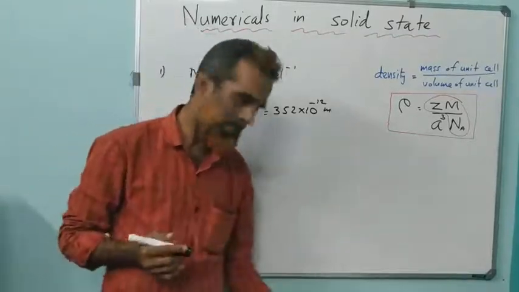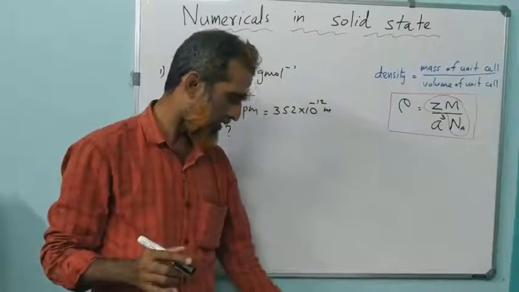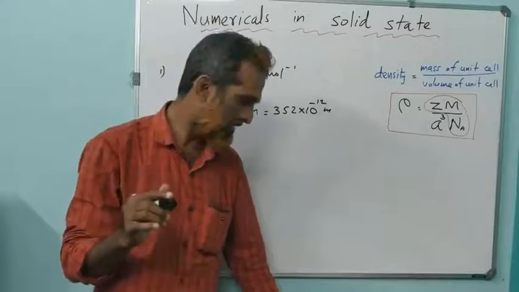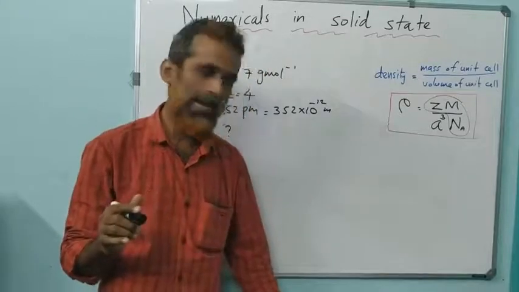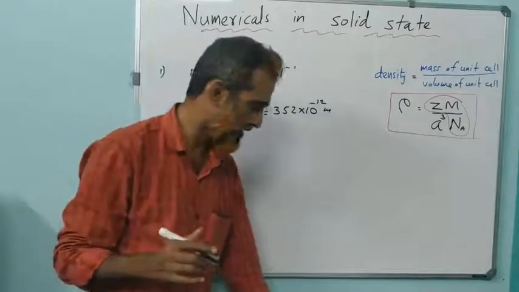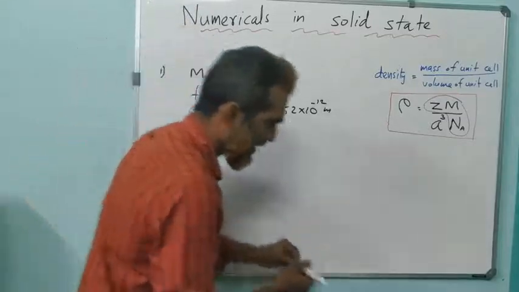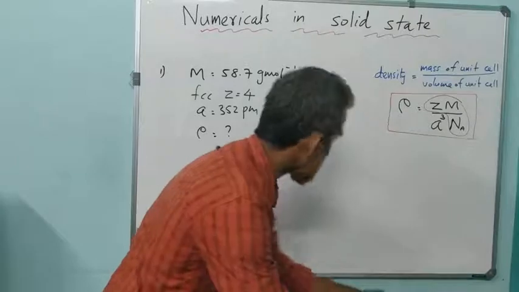So the question, I repeat: nickel with atomic mass 58.7 has an FCC unit cell edge of 352 picometer. Calculate its density. So we will now substitute the values.